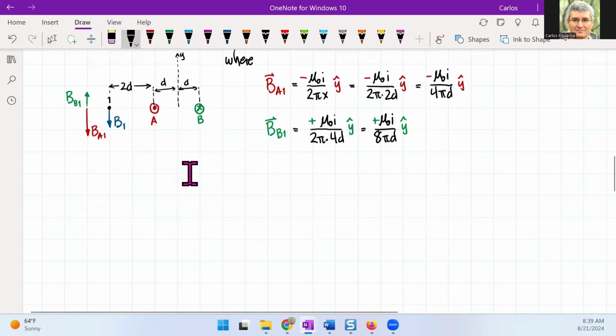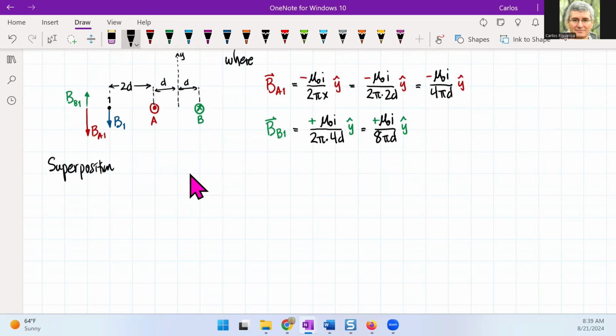Applying superposition. Superposition tells us that the field B1 is going to look something like this.